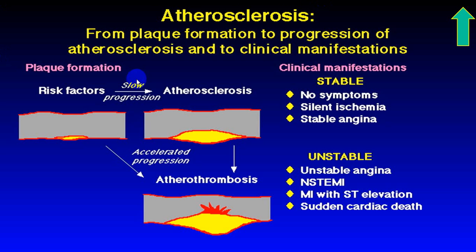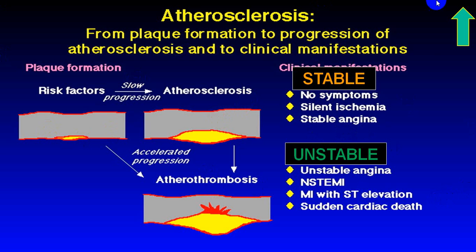So this is the initial stage, stable, unstable. In an unstable plaque, it will end up with unstable angina, non-STEMI, STEMI, and sudden cardiac death. We should also add one more, MINOCA. And in stable plaque, asymptomatic, silent ischemia, and stable angina.